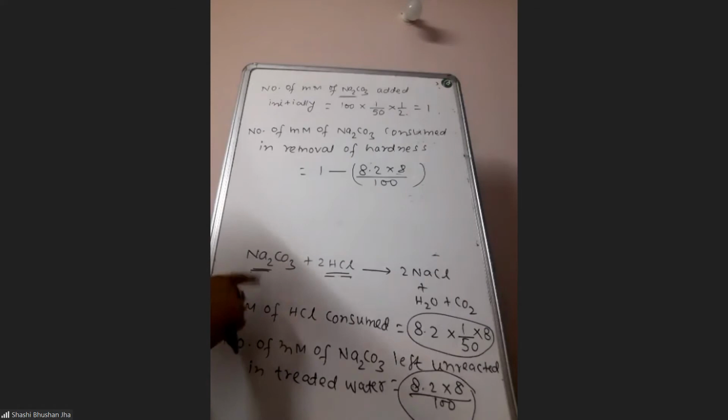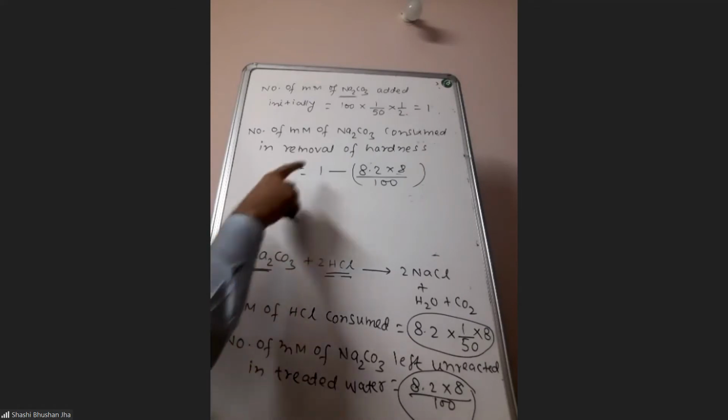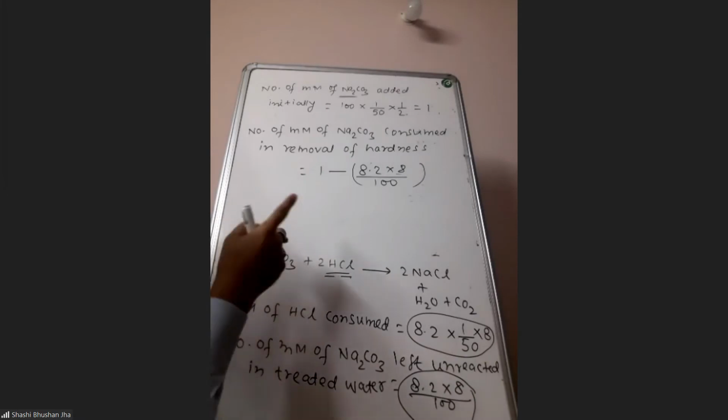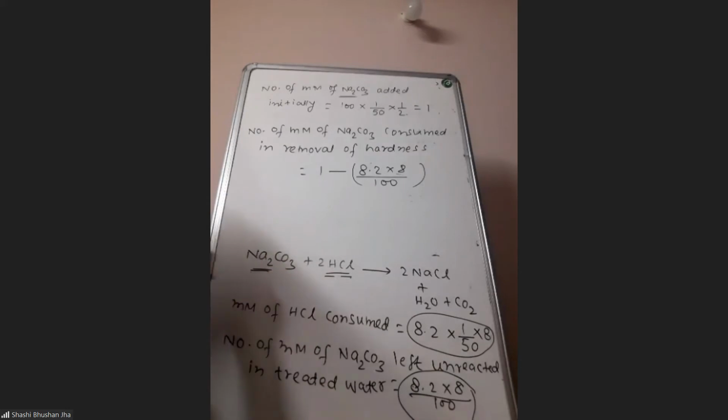Now see the equations which I have written in the beginning. I have written how this sodium carbonate is removing that hardness of water. You can see 1 mole of sodium carbonate will remove 1 mole of calcium sulfate, or 1 mole of sodium carbonate will remove 1 mole of calcium chloride.